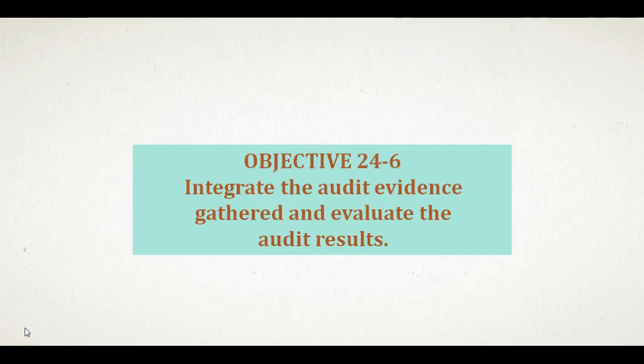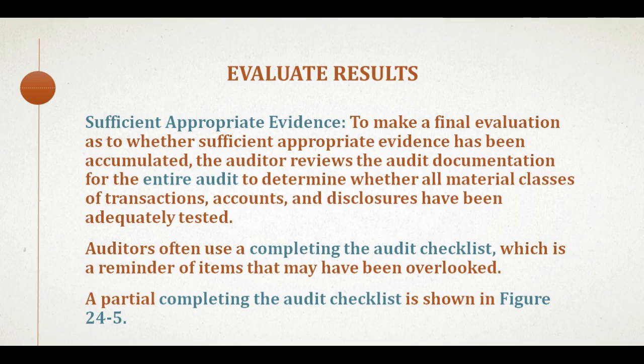In the next slide, we will discuss integrating the audit evidence gathered and evaluate the audit results. To make a final evaluation as to whether sufficient appropriate evidence has been accumulated, the auditor reviews the audit documentation for the entire audit to determine whether all material classes of transactions, accounts, and disclosures have been adequately tested.